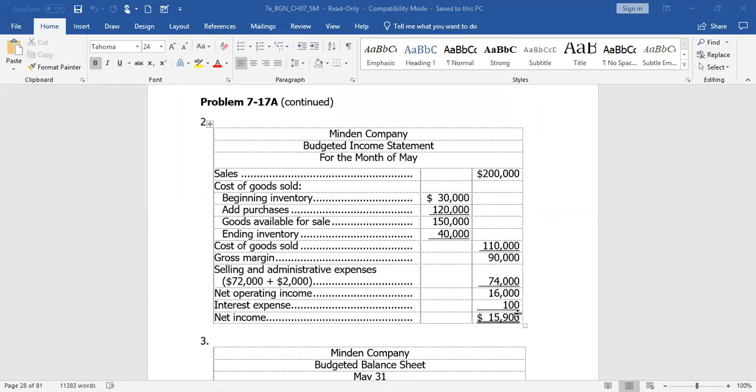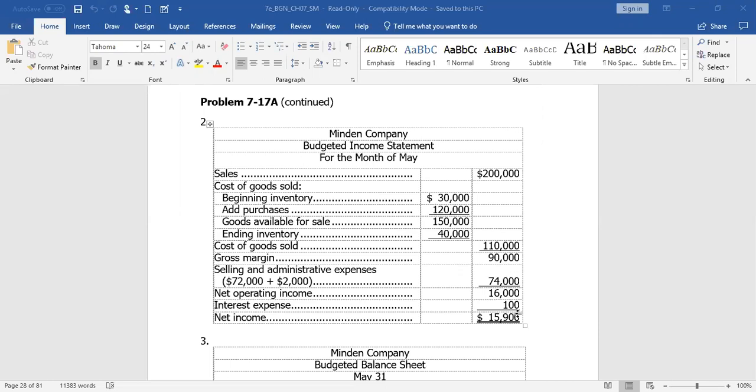Remember, to get cost of goods sold, we would take inventory at the beginning, plus all the purchases made, whether they're paid for or not. So during the month of May, all the inventory that could have been sold had a total cost of $150,000. But some of it is left over.